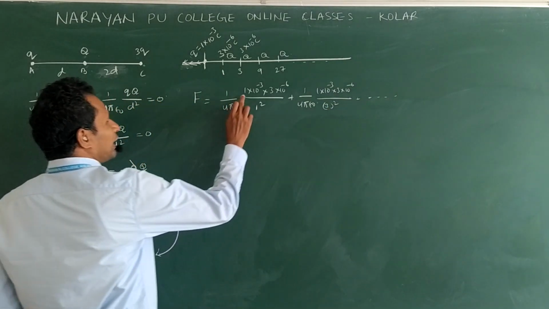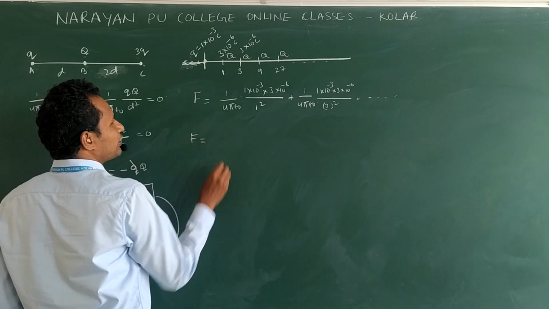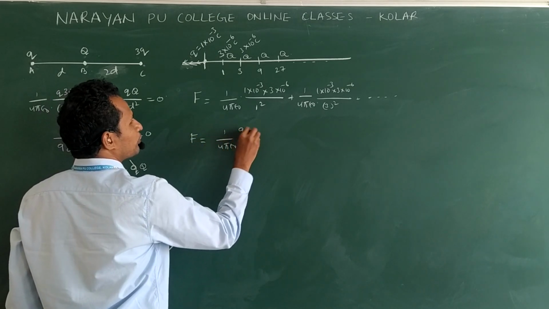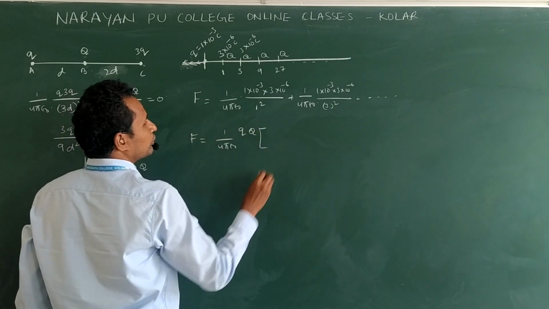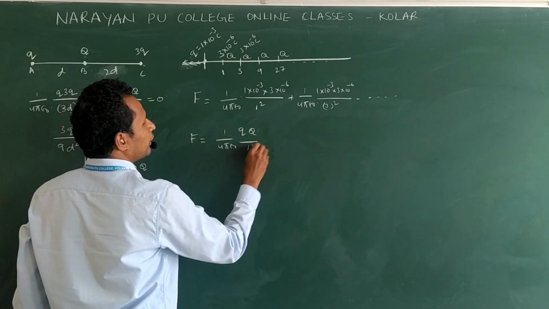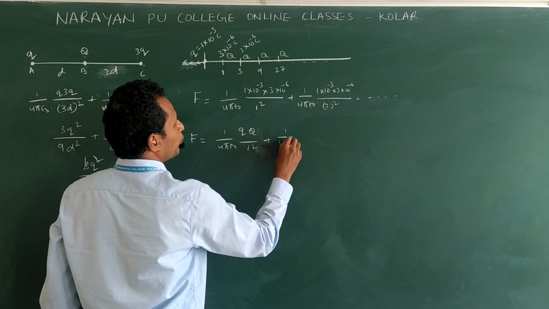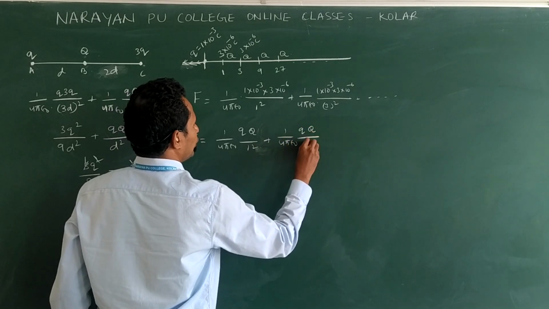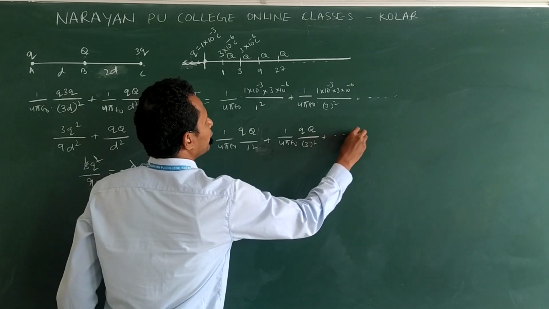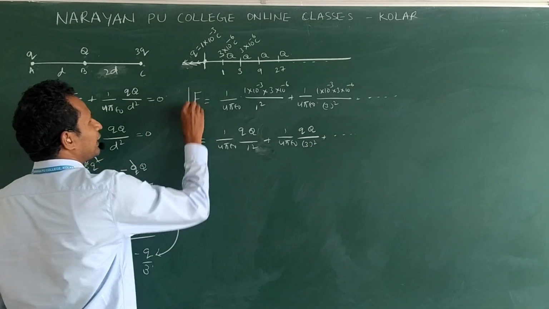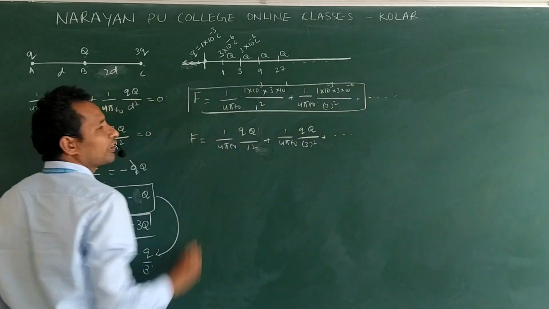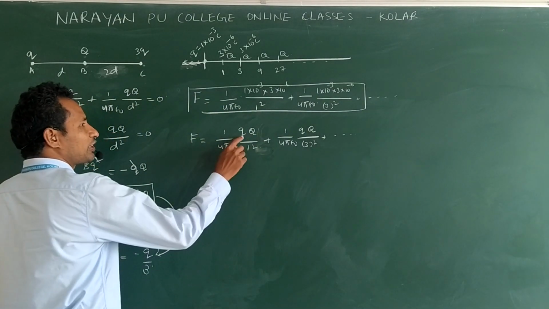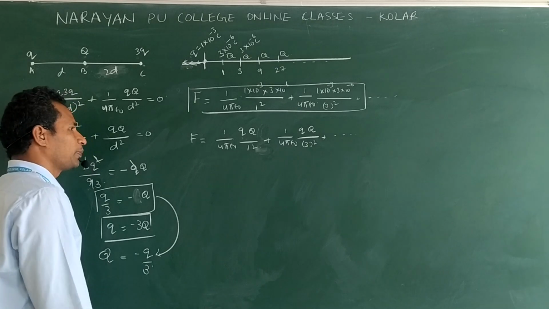So instead of writing all these, we will make it very simple. 1 by 4 pi epsilon naught small q capital Q by 1 square, plus 1 by 4 pi epsilon naught small q capital Q by 3 square, plus and so on. To understand, I wrote this equation. Actually this is not required. After simplifying the equation, we will substitute small q and capital Q values.